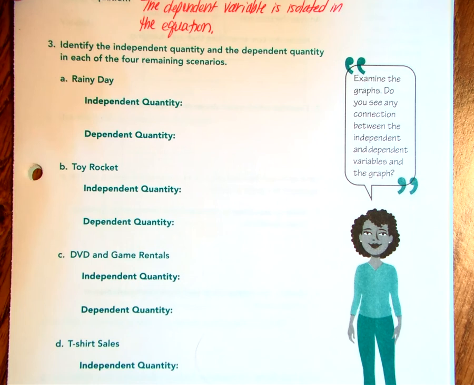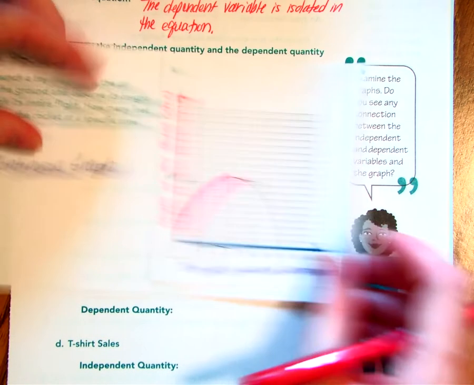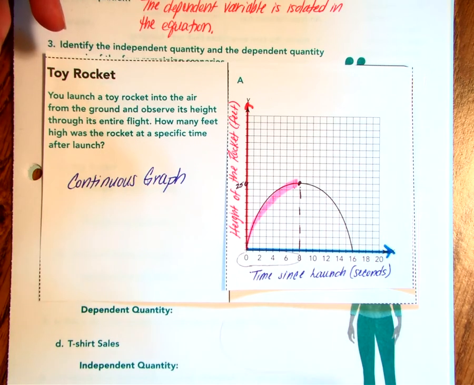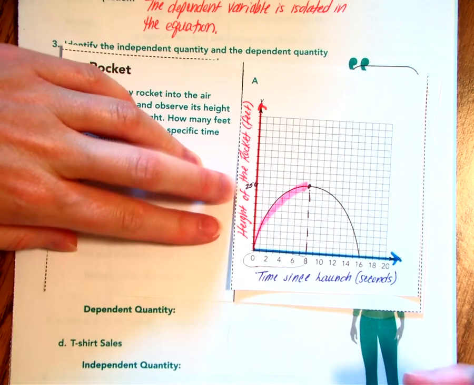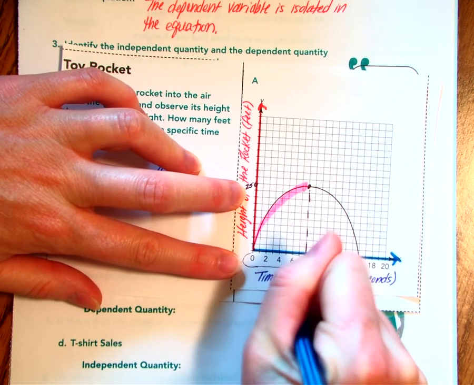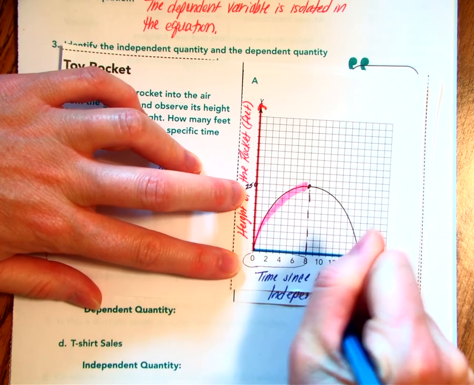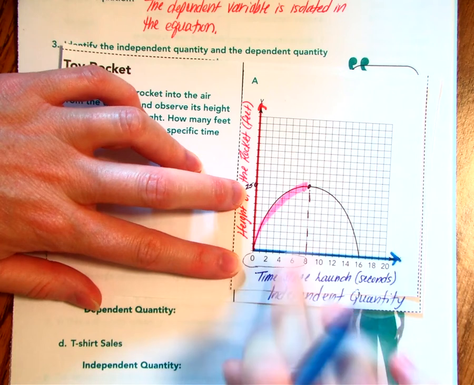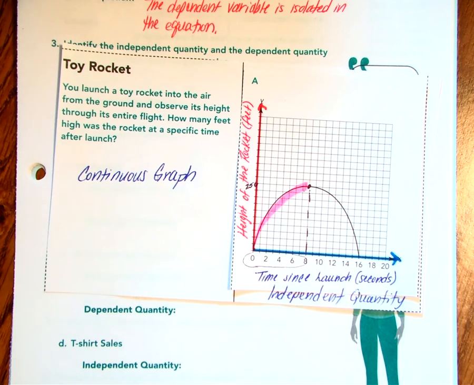Next graph, toy rocket. The independent quantity is the time since launch. The one that depends upon the time is the height of the rocket.